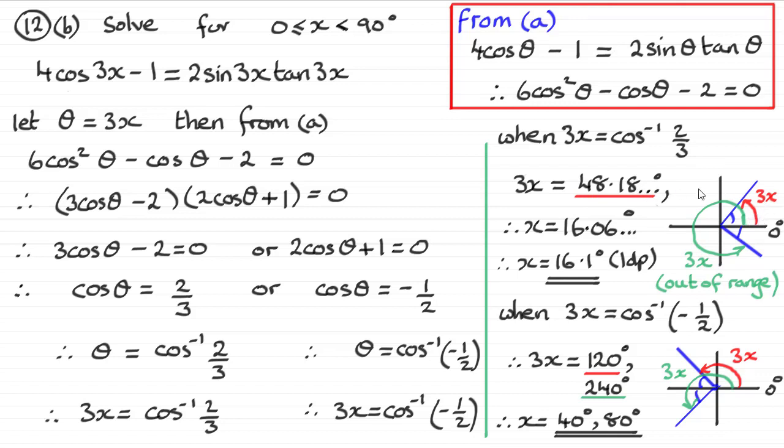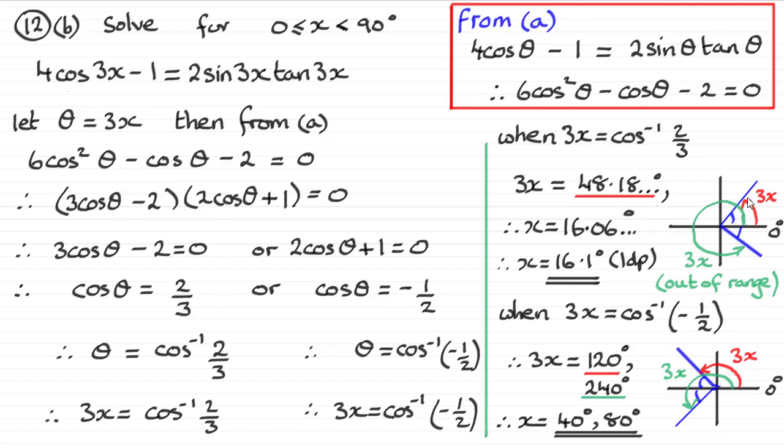And you can see that I've drawn a quadrant diagram here for the 2 possible positions where cosine is positive, in the first quadrant and the 4th quadrant. Now, we've got our solution in the first quadrant, but if I was to work out this green 3x by doing 360 degrees minus the 48.18 and then dividing by 3, we're going to find that we've got an answer that is greater than 90 degrees.